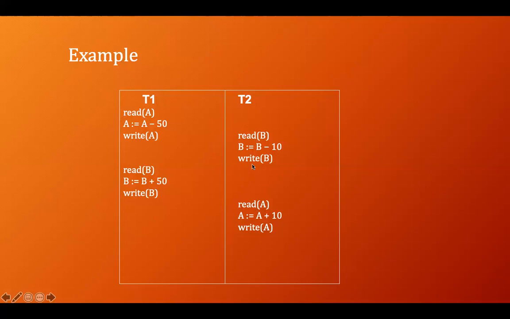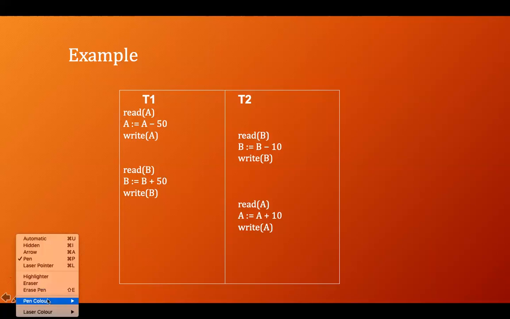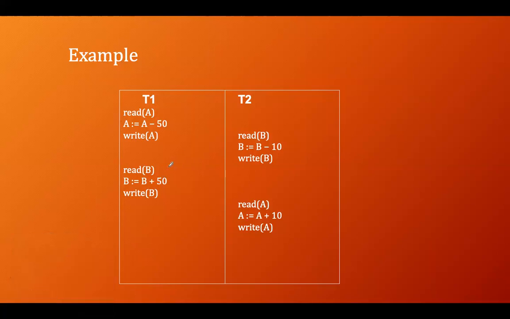And there is a write on B, then there is a read on B. So you see, here, this is the conflict we have.